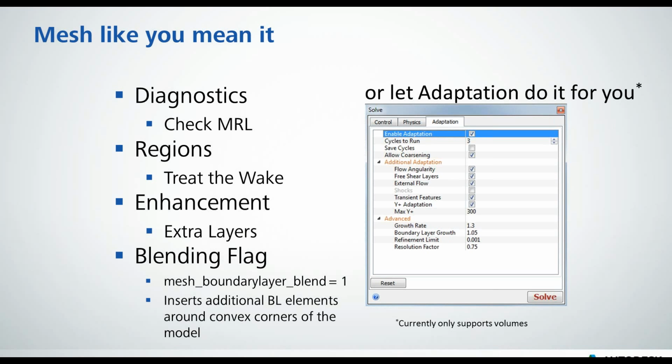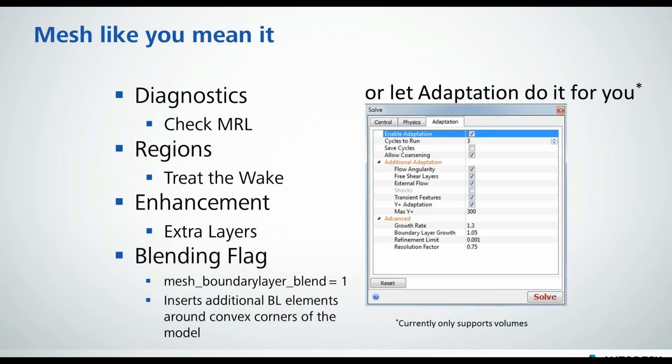As anybody knows from flow, going around a convex corner, you're going to have the Bernoulli effect, Coanda effect. Your flow is going to try and either stick to the corner or it's going to separate, and you need that extra mesh to help the solver figure out what it should be doing. So with that flag, we insert extra boundary layer elements in that convex corner so that it's distorted.